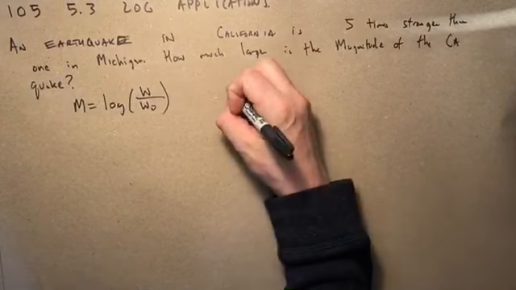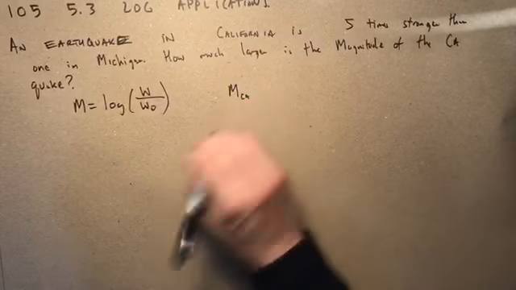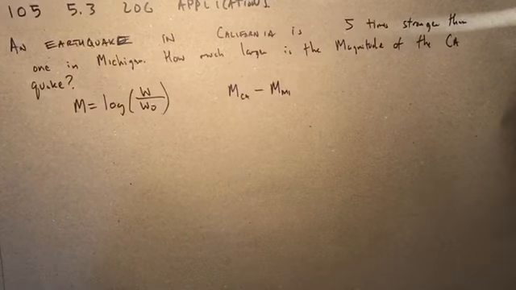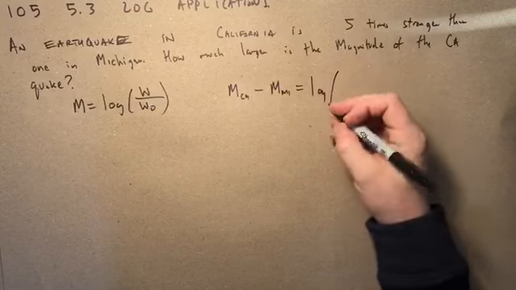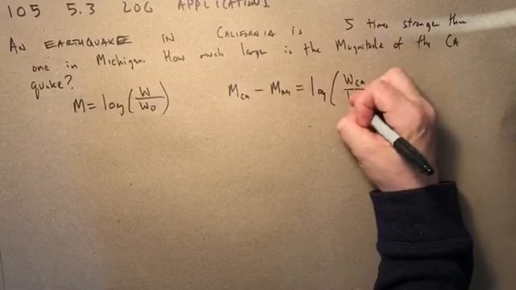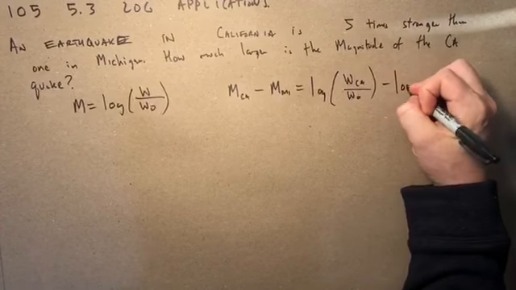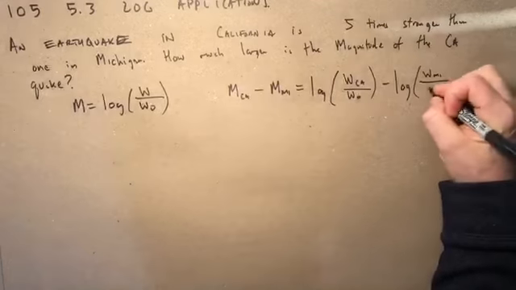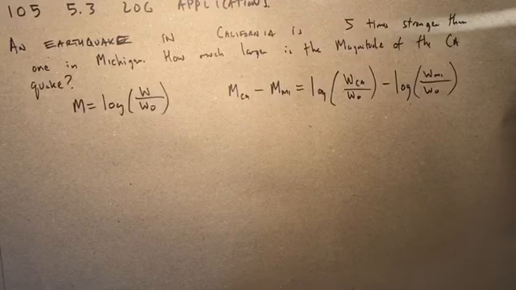And so I can say the magnitude of our Californian earthquake minus the magnitude of our Michigan earthquake is equal to the log of the strength of our California earthquake over that benchmark strength minus the log of the strength of our Michigan earthquake divided by that benchmark strength.